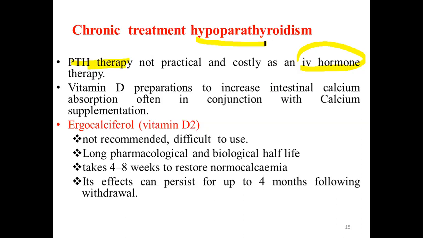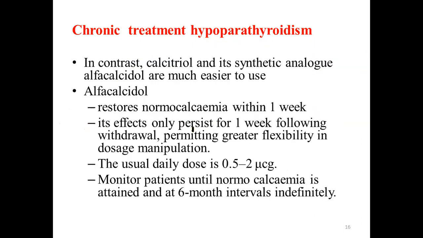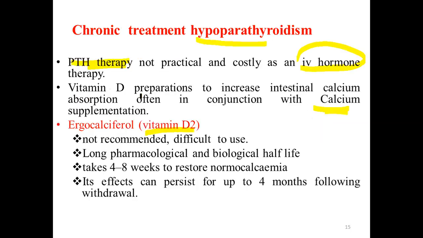So for chronic and maintenance treatment, mostly we are going to use vitamin D preparation along with calcium supplementation. We have many vitamin D preparations, like ergocalciferol, which is vitamin D2. We have calcitriol, which is the active form of vitamin D. Alfacalcidol is also another vitamin D analog.